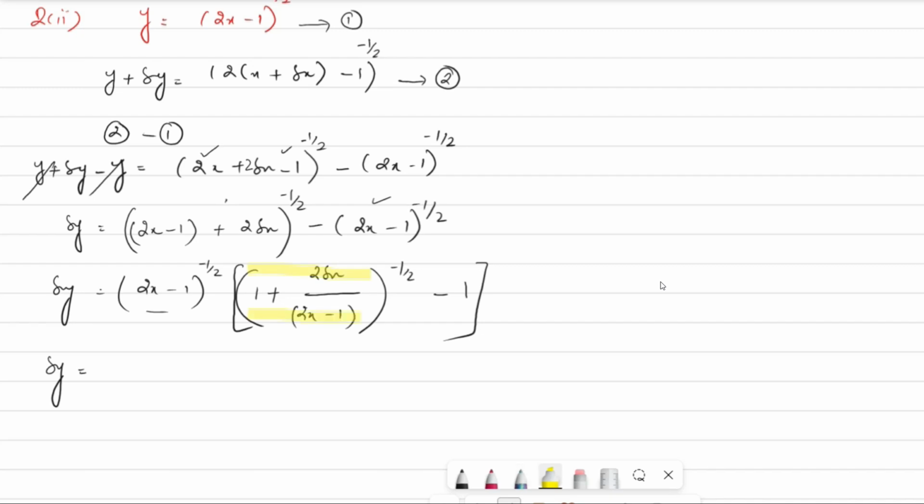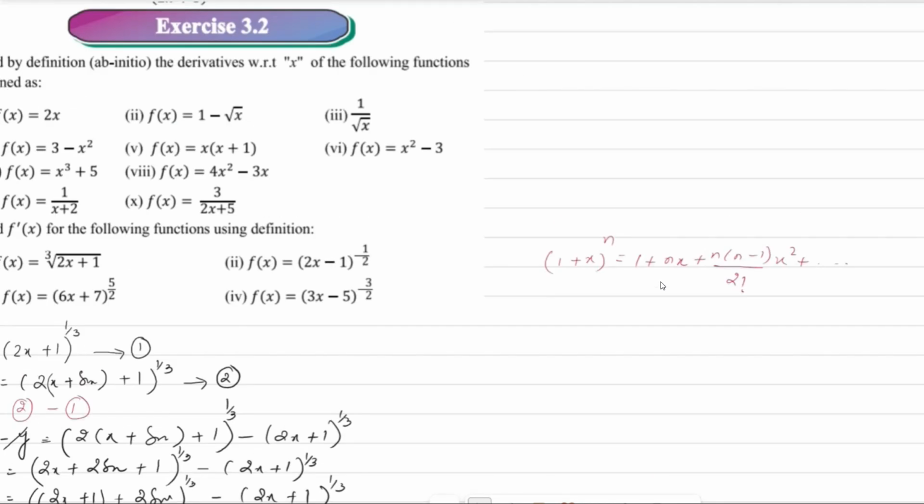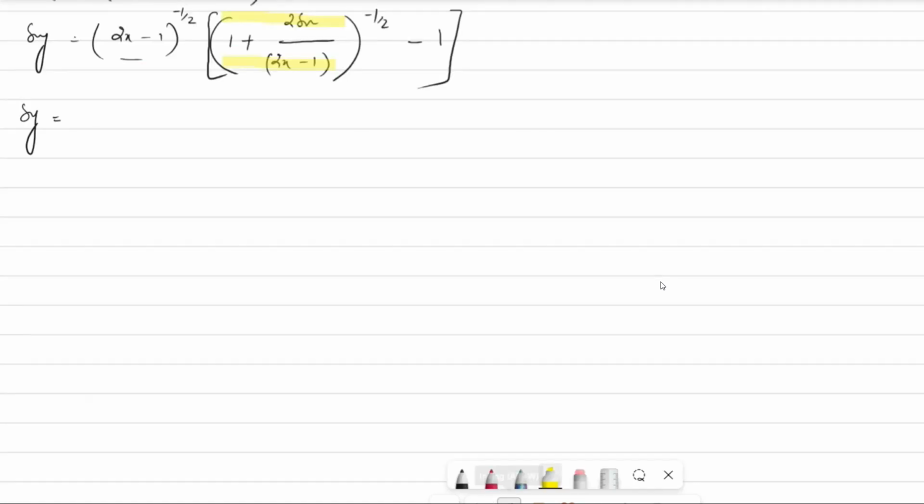We know that the binomial theorem is (1 plus x) whole raised to the power n is equal to 1 plus n x plus n into (n minus 1) divided by 2 factorial x square plus up to so on. So here we are going to open this by binomial theorem.